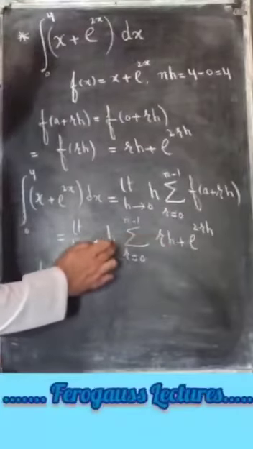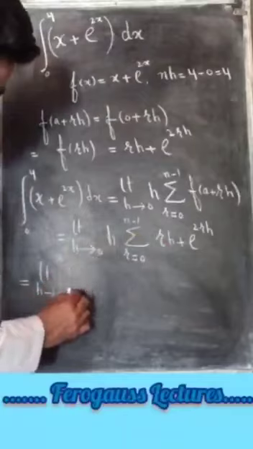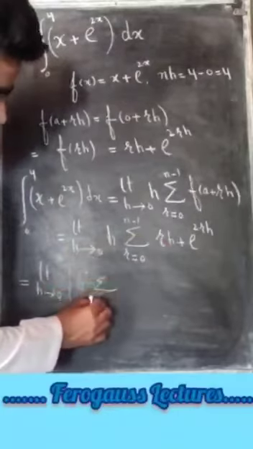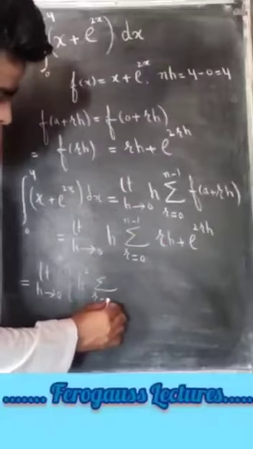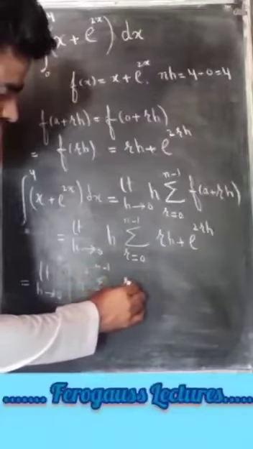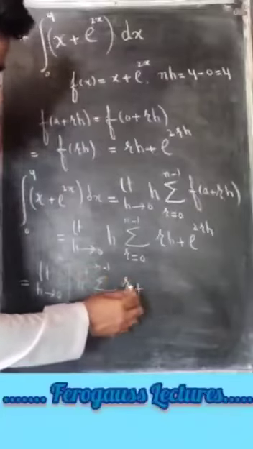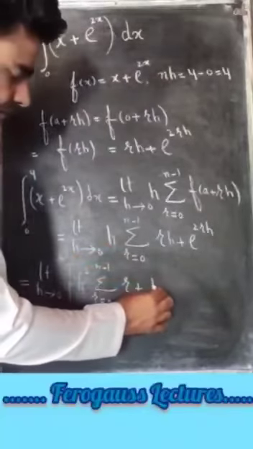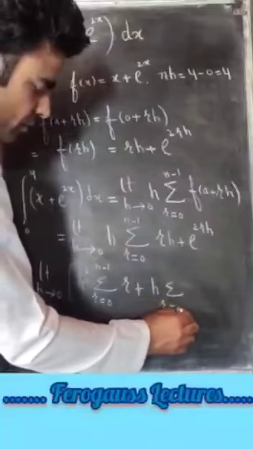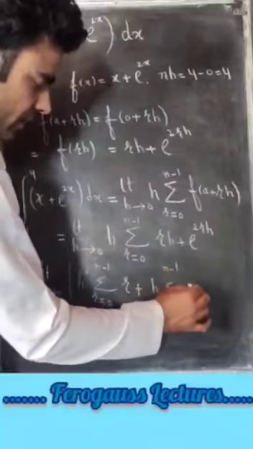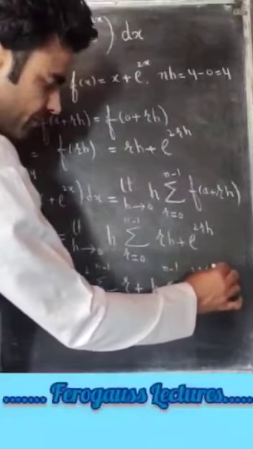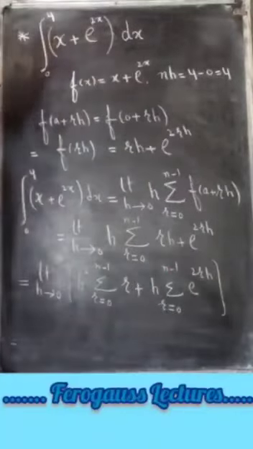Further, it is the limit as h tends to 0. Now it is h into h, that is h squared, times the summation r running from 0 to n minus 1 of r, plus h times the summation r running from 0 to n minus 1 of e^(2rh).